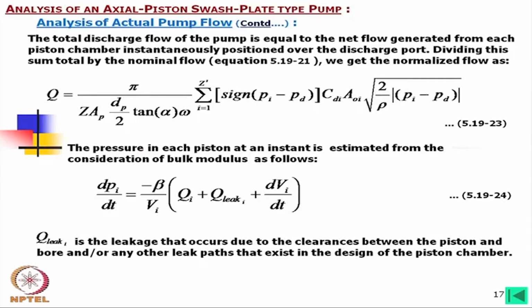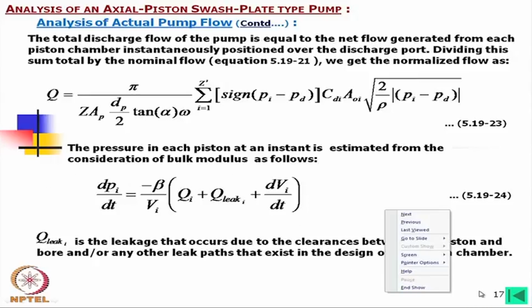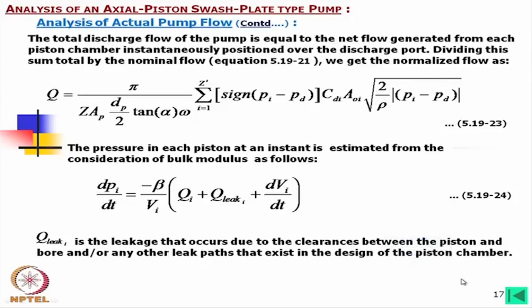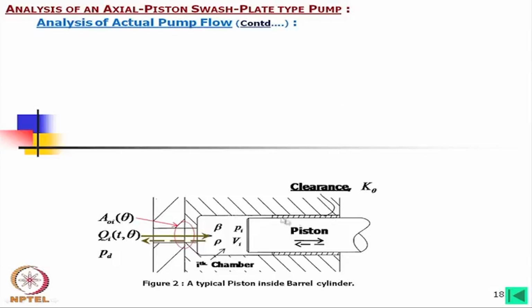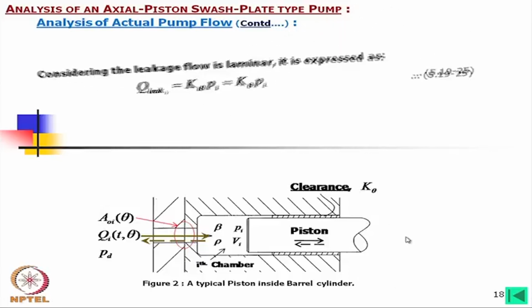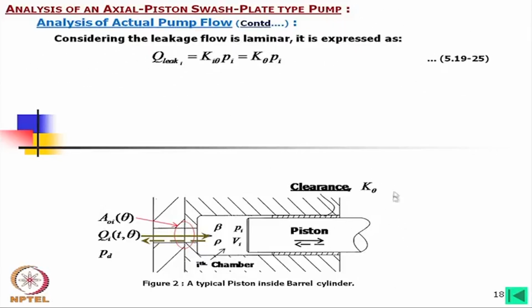So, that leakage we have to consider within this equation. I have shown that this leakage is particularly important. Also there might be some leakage through this point, but we need to consider these leakage characteristics, which are two factors we should consider.